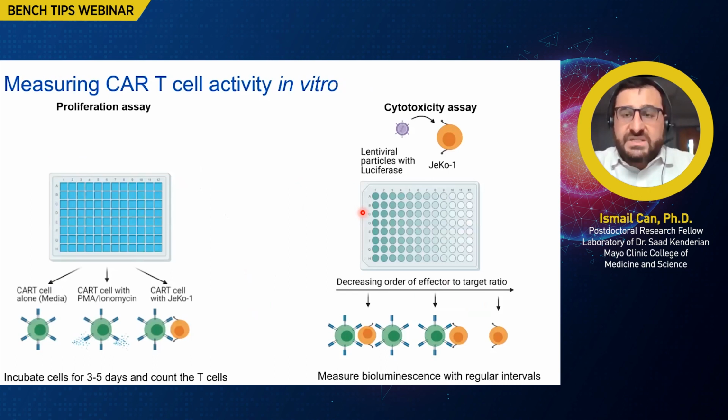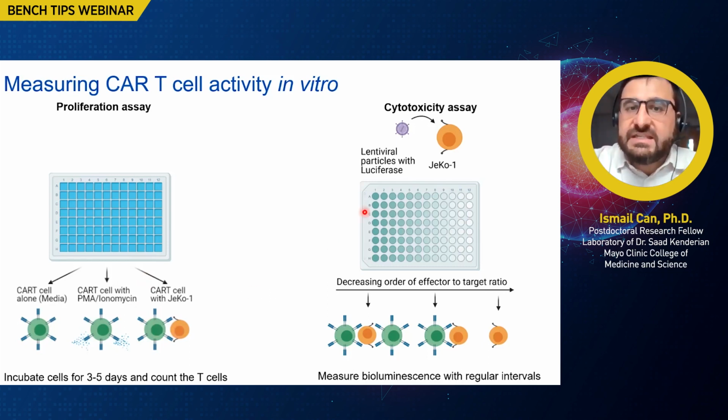And these are the two main assays that we apply, especially in vitro: proliferation and cytotoxicity assays. These two assays are also based on co-culturing our CAR T cells with the target cells. We use JeKo-1. In the proliferation assay, we just co-culture them and then we count.